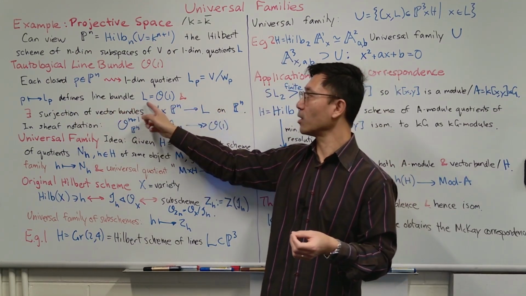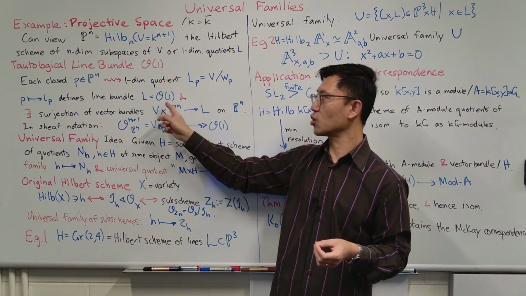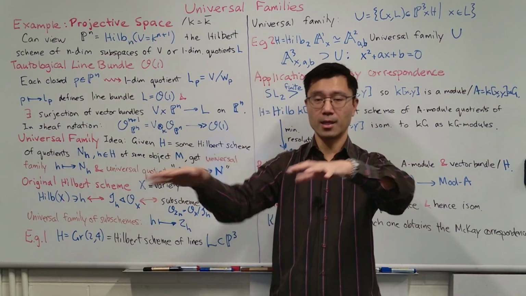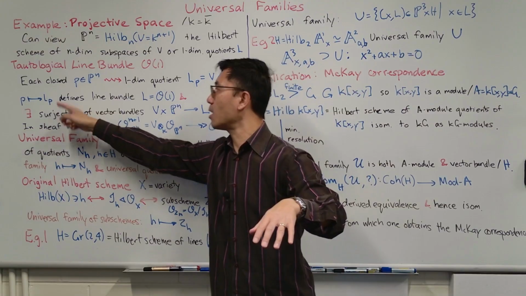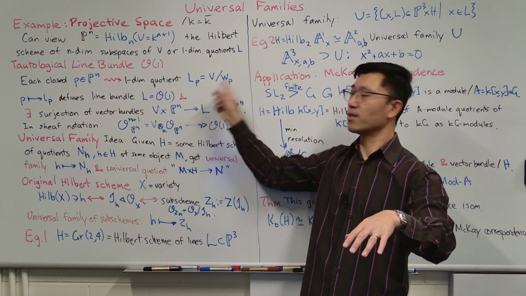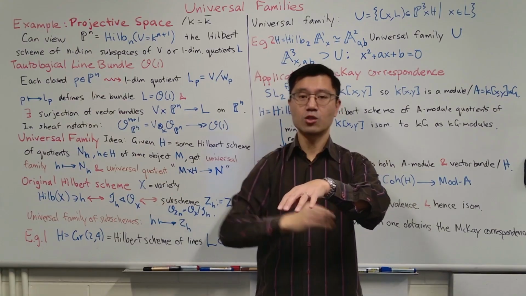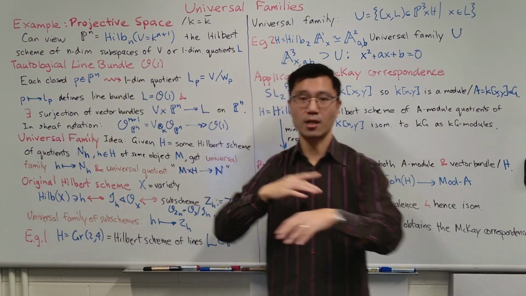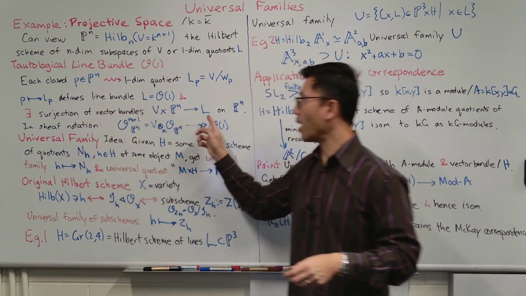I'll denote that line bundle with L, and it's also denoted in sheaf theoretic notation with O of 1. So for every point P on this projective space, you have a one-dimensional vector space, that's LP, this one-dimensional quotient of this V, and that one-dimensional vector space will vary over this Pn, so you get a line bundle.